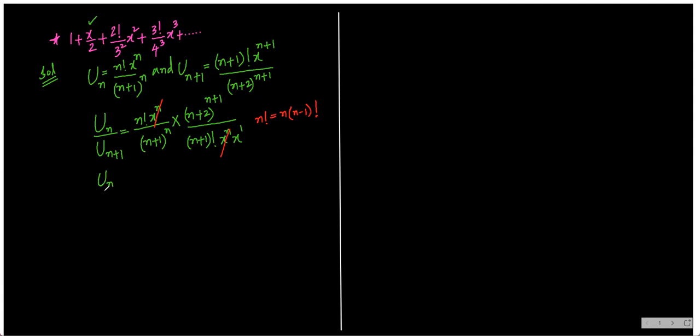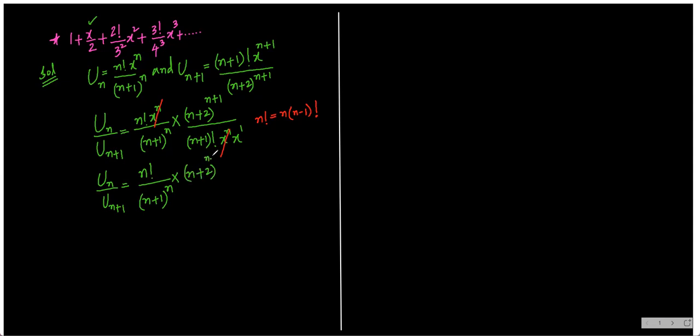You see, un by un plus 1 value is equal to this n factorial. I don't want to disturb, it is as it is. Denominator n plus 1 to the power of n also as it is. This is multiplied by n plus 2 to the power of n plus 1, also as it is.